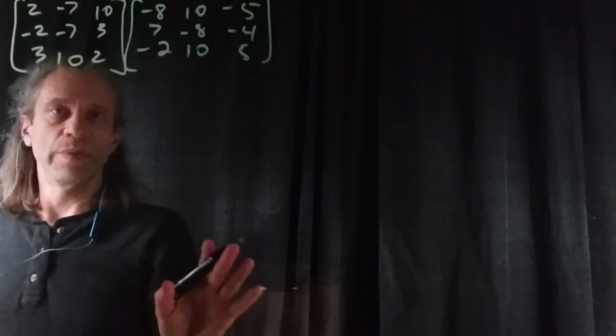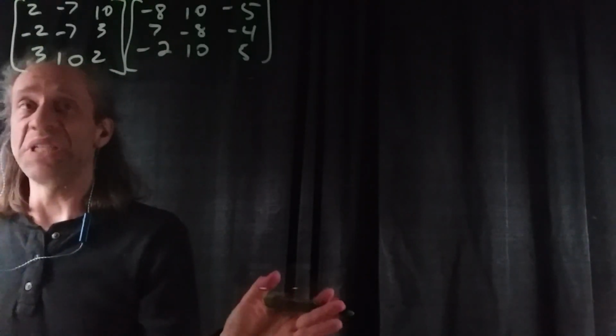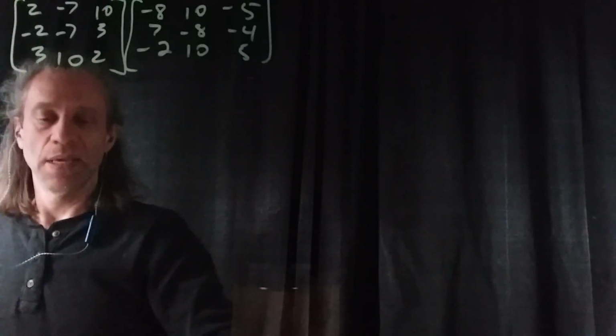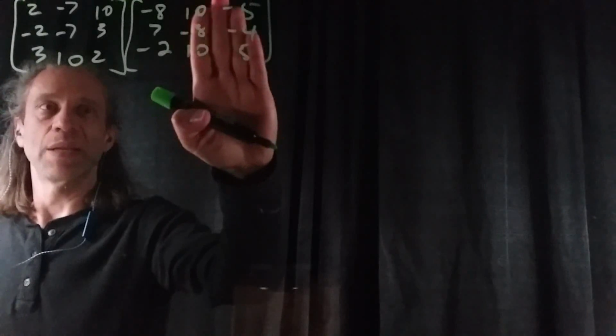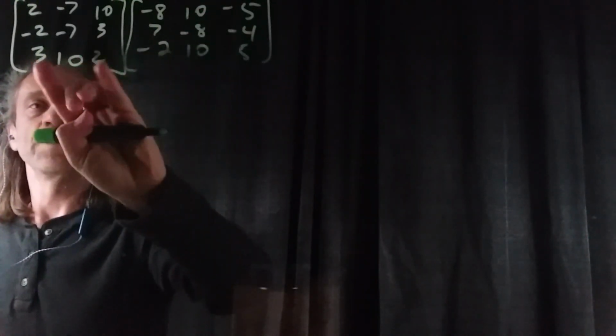But before we do that, as it turns out, there's no real need to actually calculate the inverse matrix, because if we take this one step at a time, forget about these two columns here. Let's look at the first column.